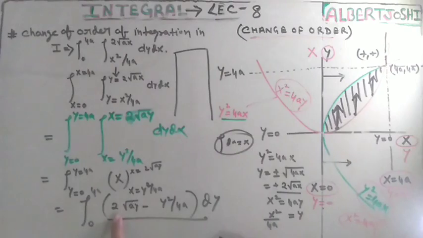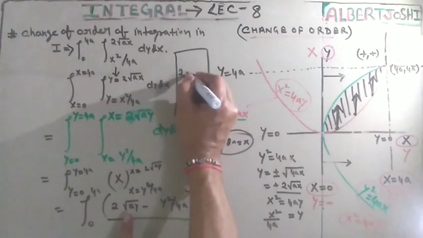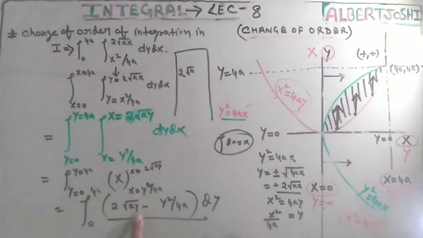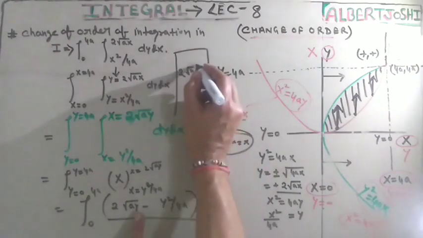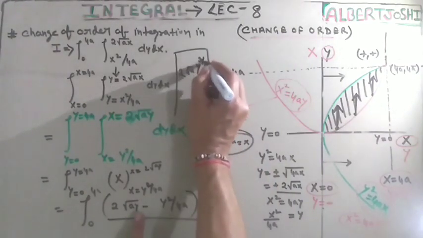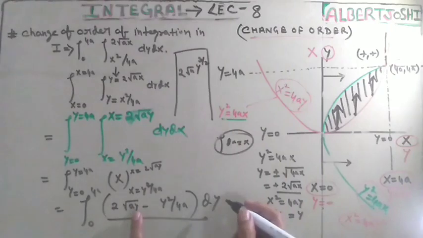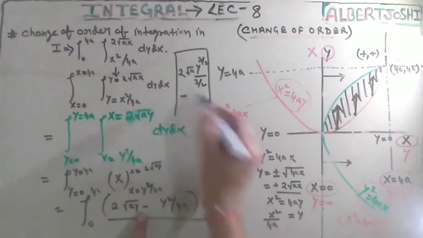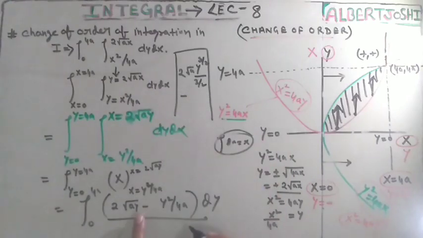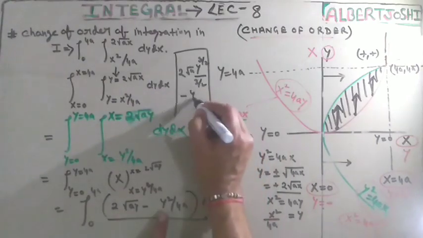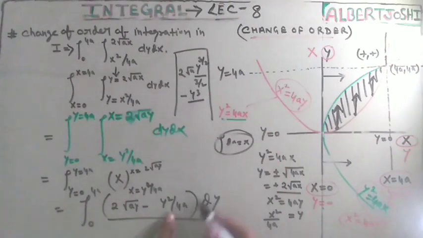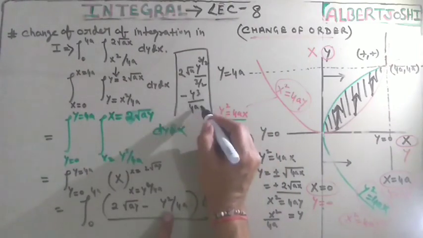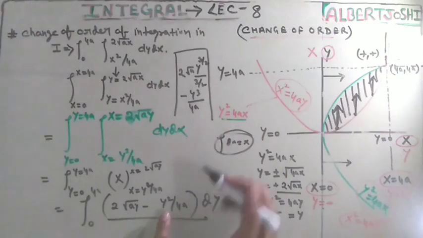Then you are getting 2. Square root a will come outside, and square root y integrates to y to the power 3 upon 2, divided by 3 upon 2, minus y cube upon 4a into 3, where 4 3s are 12.